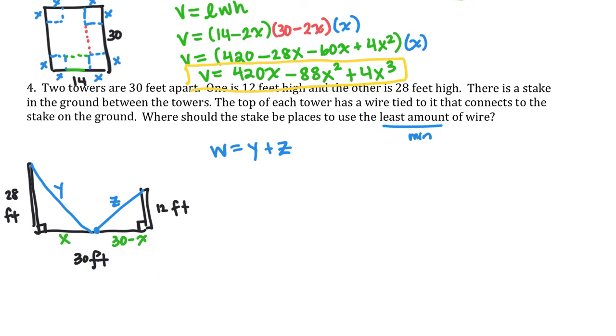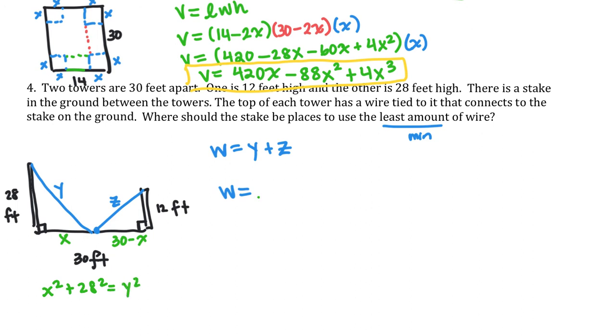Now let me see if I can rewrite this. Y is going to be the square root of this squared plus this squared based on the Pythagorean theorem. Let me write this out real quick. I'm not good at mental math.